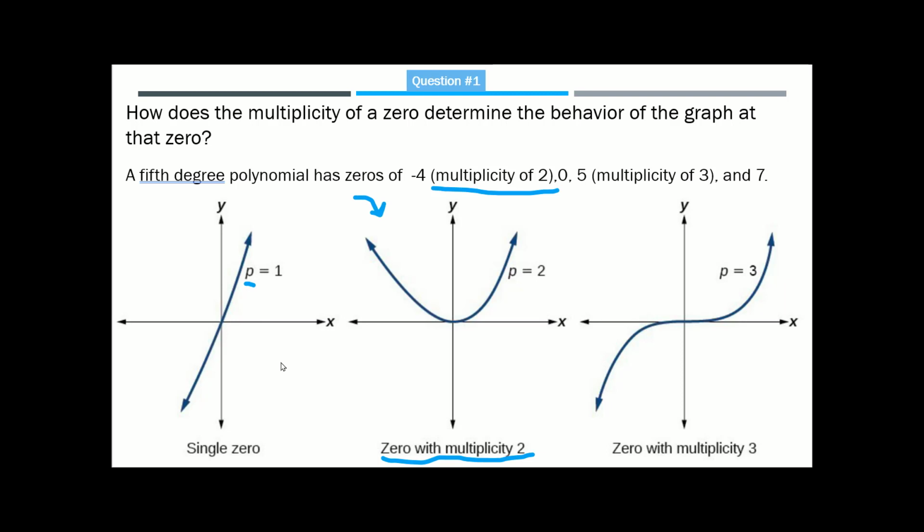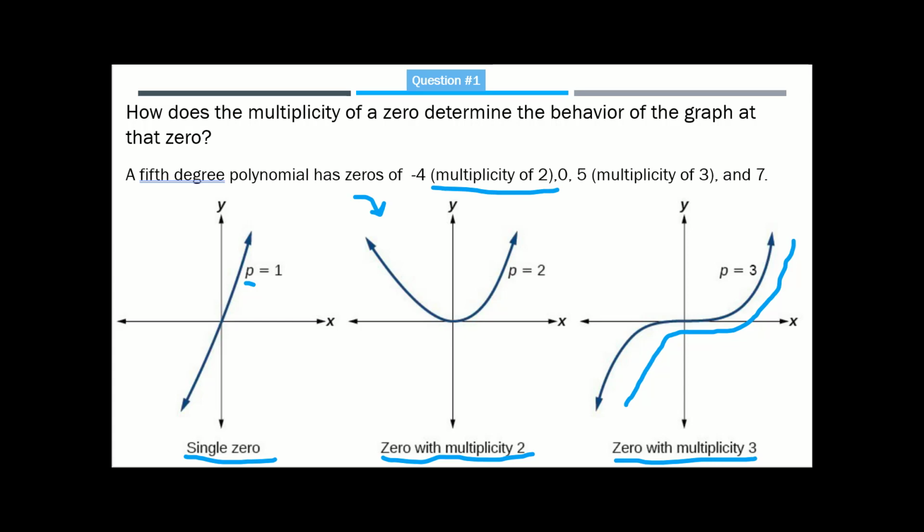Just a single 0 is going to go straight through the x-axis. And if we have a multiplicity of 3, then this is what it looks like. It's going to go through the x-axis after it kind of hugs the x-axis. Then it's going to keep moving through the x-axis.